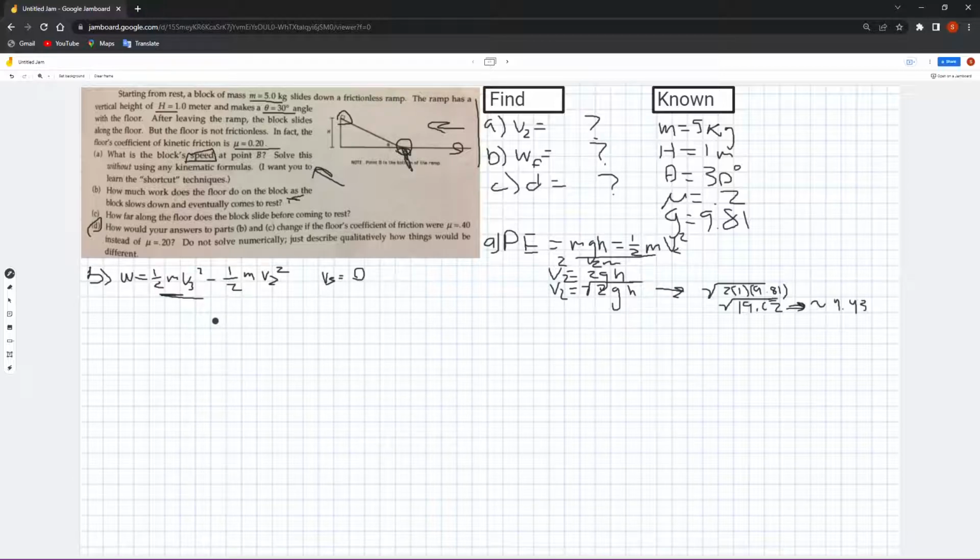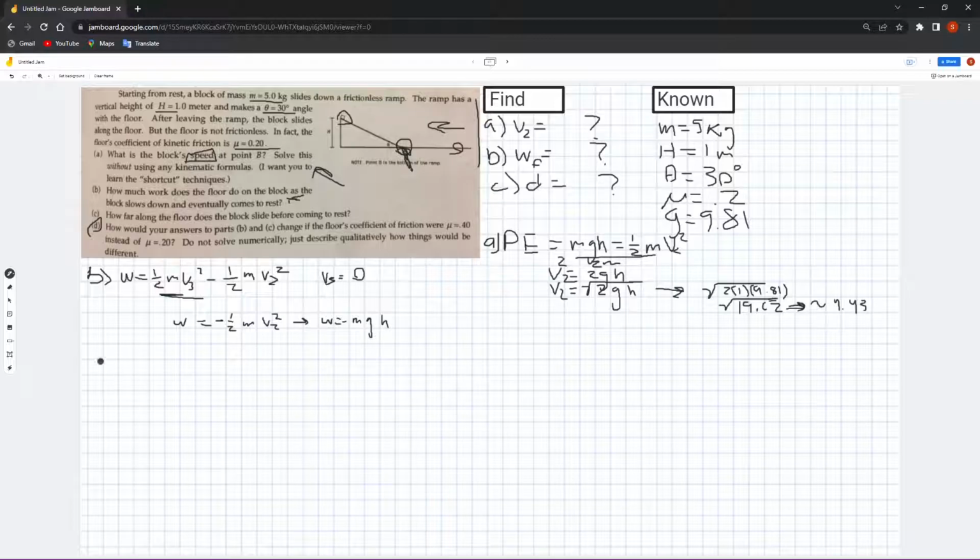So then we just have negative 1/2 mv2 squared equals work, or if we want to make it a little bit easier, we can say work equals negative mgh, because we know that's equivalent from over here. And so we have work now.